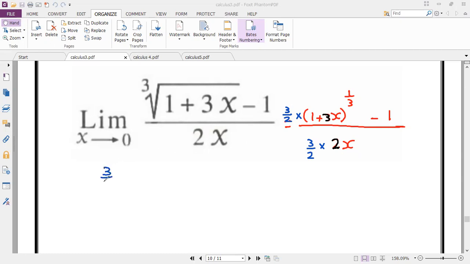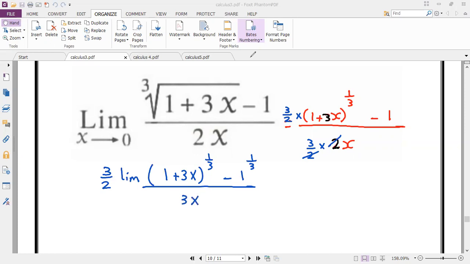So write 3 over 2 and write limit. And I have here 1 plus 3x to the power of 1 over 3 minus 1. We can write this as 1 over 3, all divided by, cancel 2 and 2, it's 3x here.